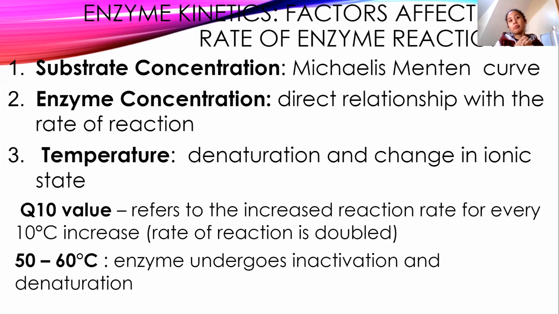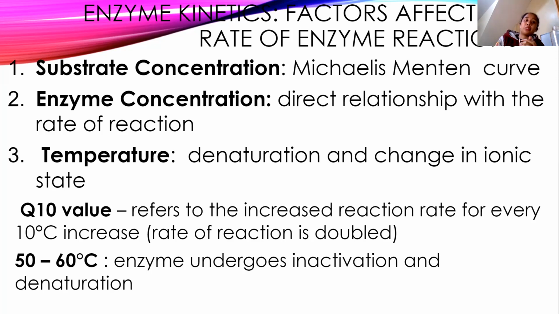If you react certain enzymes at undesirable temperature and pH, it can cause denaturation and change in ionic state, which results in change in molecular arrangement. Mag-iiba yung molecular structure, molecular arrangement.